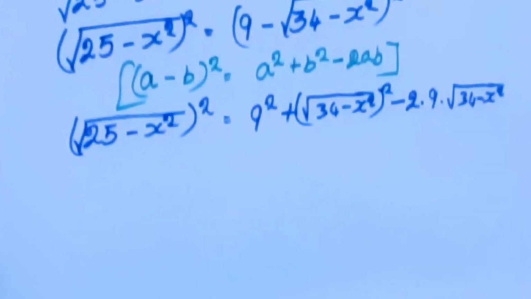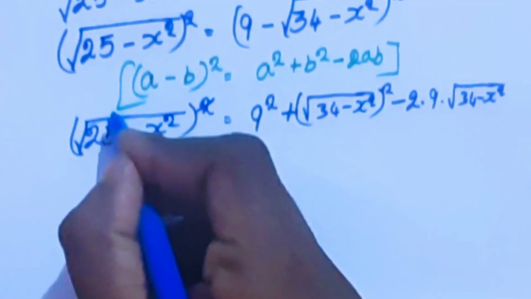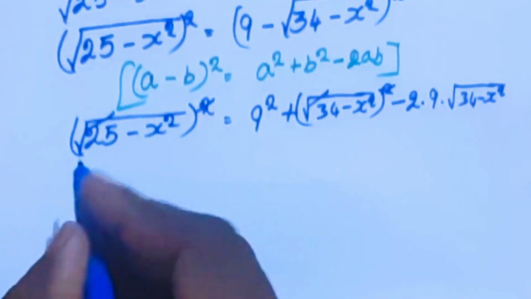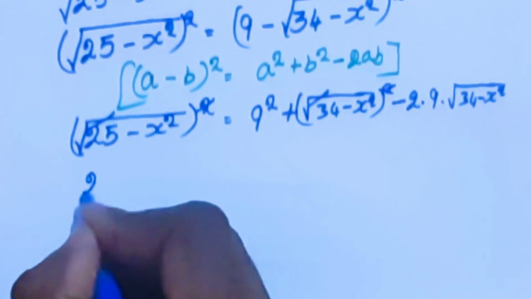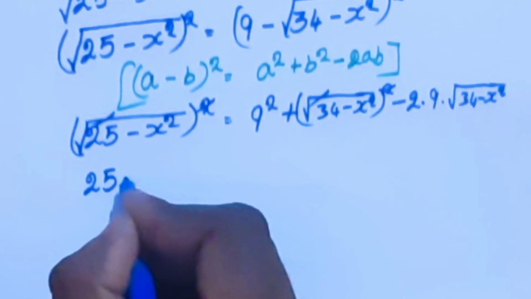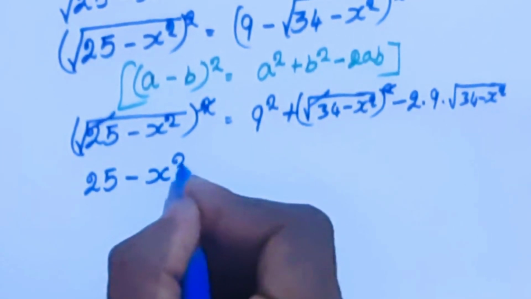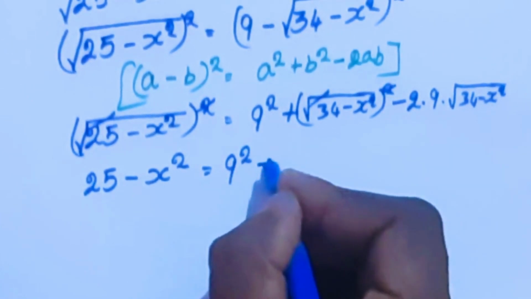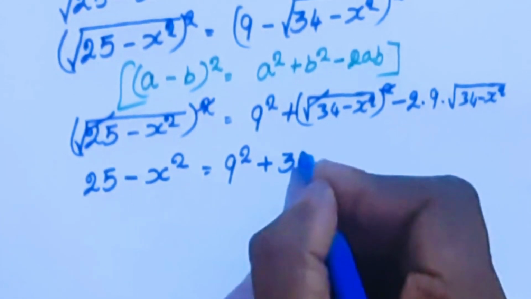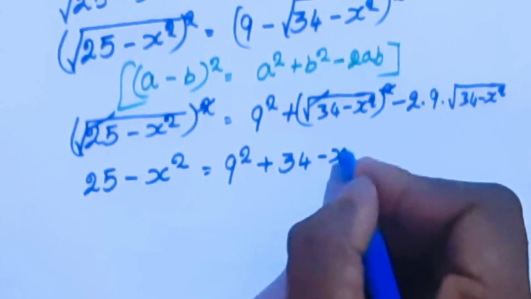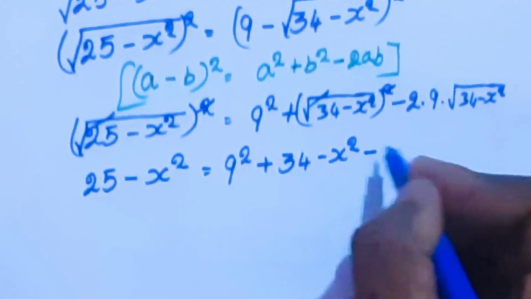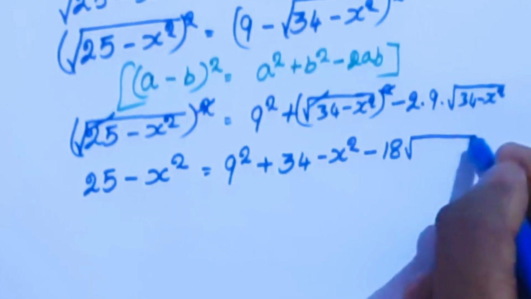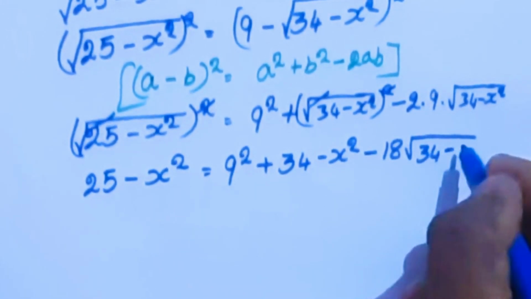Now this square and square root will cancel each other. Same way this square and square root will cancel each other. Now we have 25 minus x square equal to 9 square plus 34 minus x square minus 18 square root of 34 minus x square.